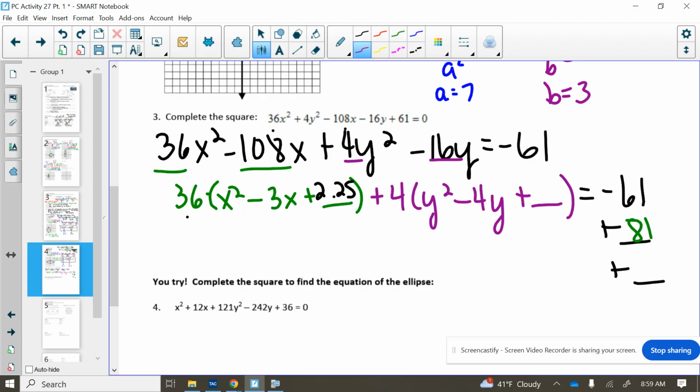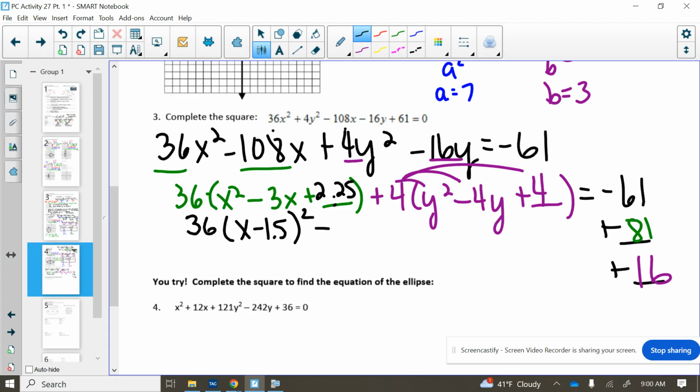And divide this value by 2 and square it, we end up adding +4. But again, if you think about distributing through, that would really be a 16 that gets added to the other side. Now, reminder, when we factor here, okay, it's the value we got when we divided by 2, so 1.5. And -1.5 and -1.5 would multiply to be 2.25, add to be -3.